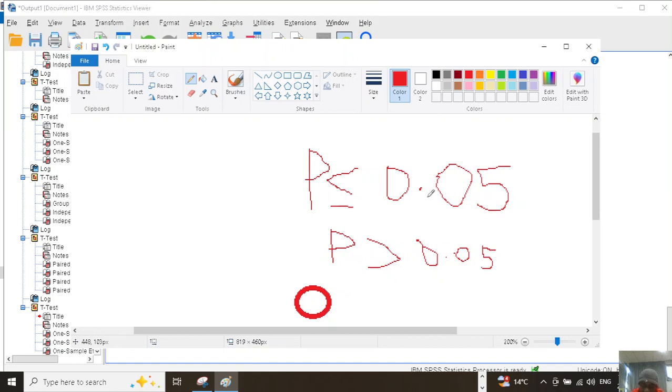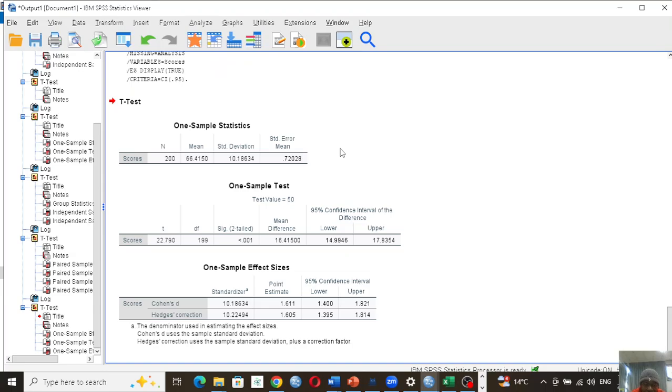Otherwise, it is not. So when we come here, you realize that this one here is less than 0.05, which means we have evidence to conclude that the mean score is significantly higher than the test value. That is our benchmark. So that means the students are performing above the average, if 50 is the average score.